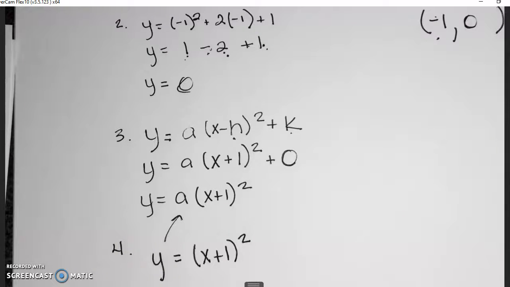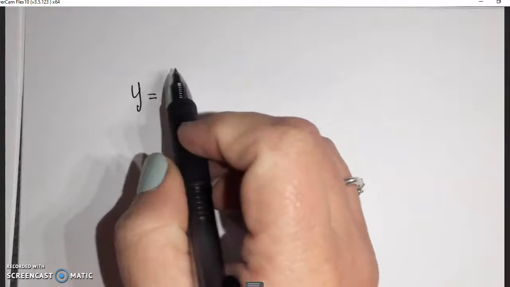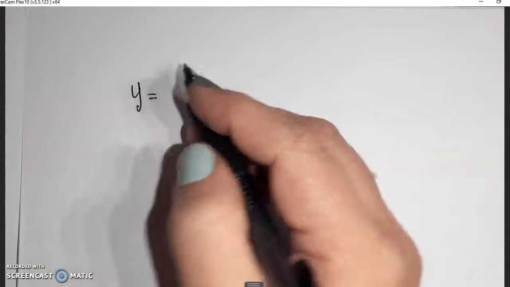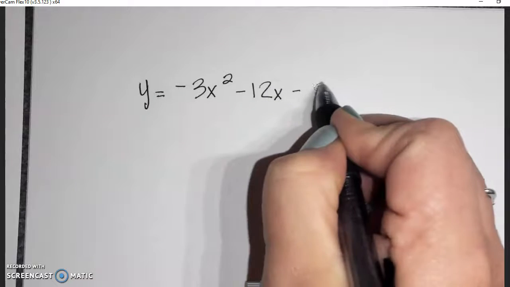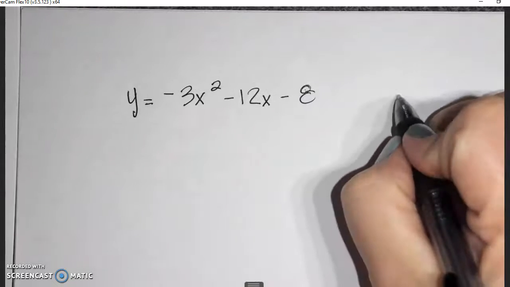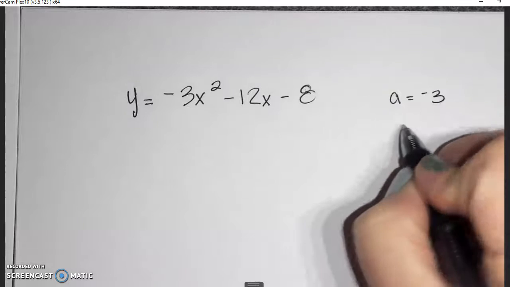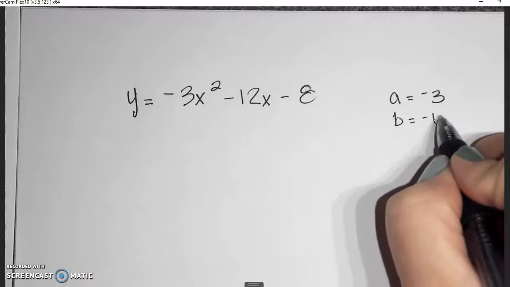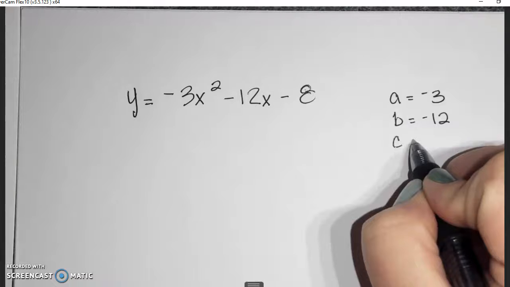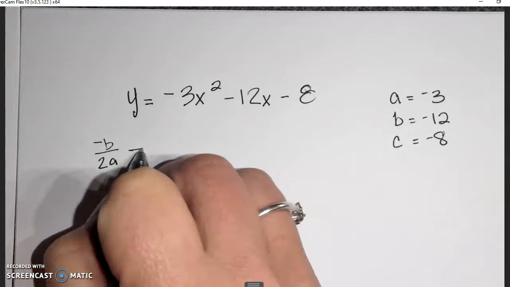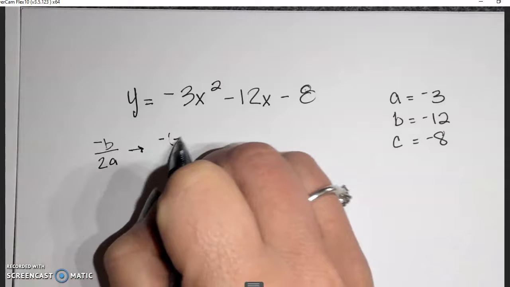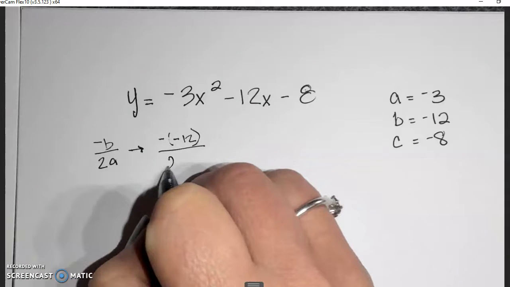We're going to do one more. Y equals, let me find one, negative 3x squared minus 12x minus 8. So I'm going to think first, what's my a? Negative 3. What's my b? Negative 12. What's my c? Negative 8. Step 1, negative b over 2a. So that goes to negative 12 over 2 times negative 3.